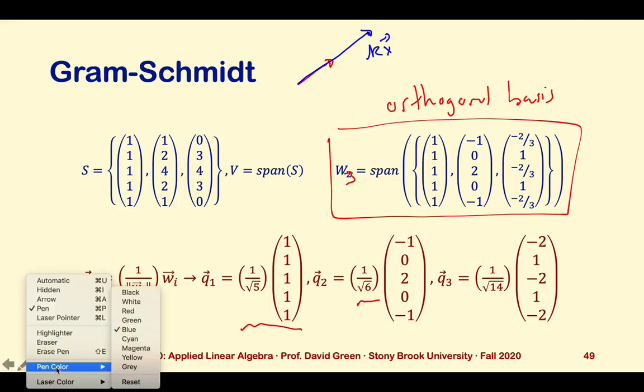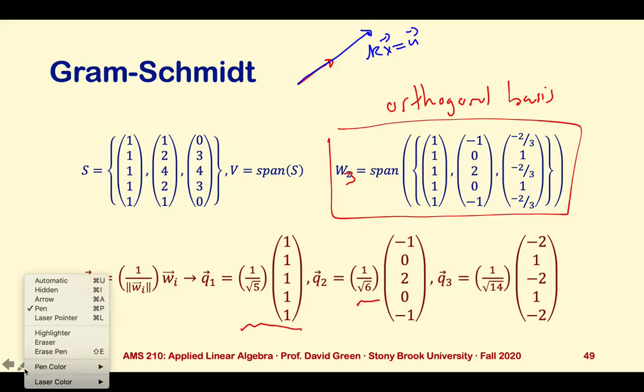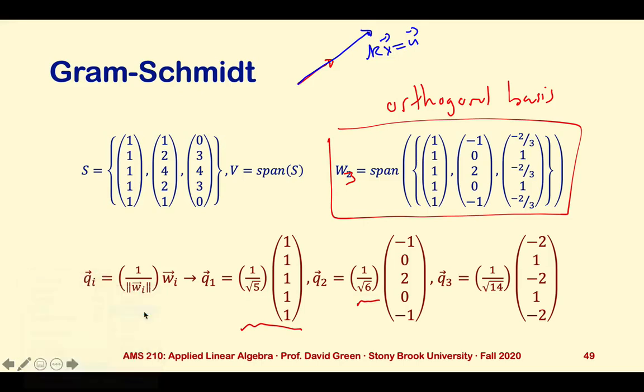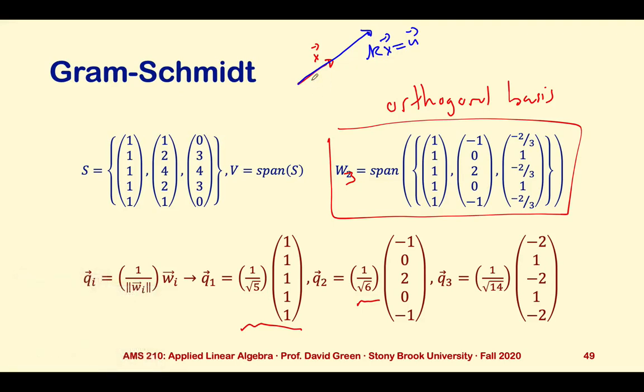Let me call this U, and we'll call the original vector X. We can get a unit vector here, X hat.